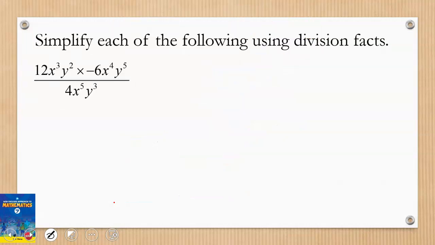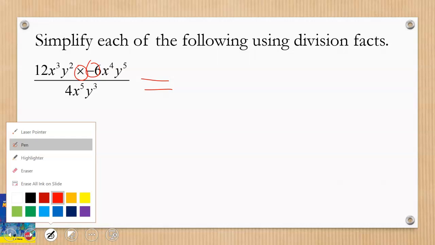Let's take another one. Simplify each of the following using the division facts. You see that the minus here makes this one negative 6, so you don't do 12 minus 6. We are doing multiplication, remember.